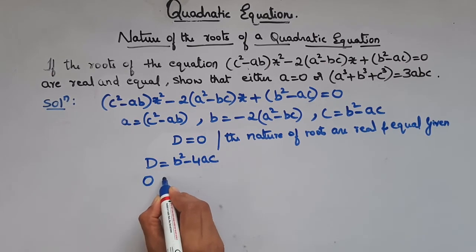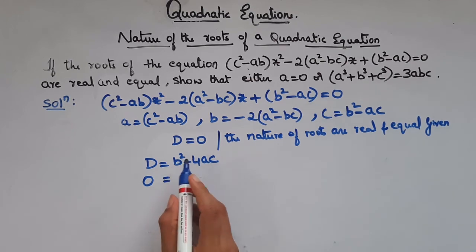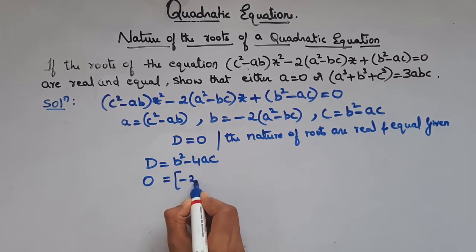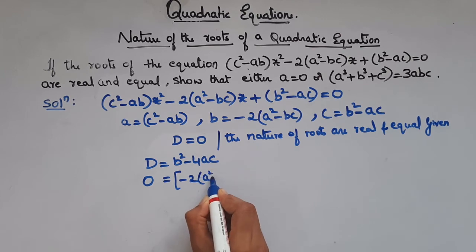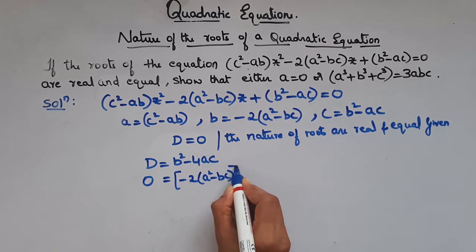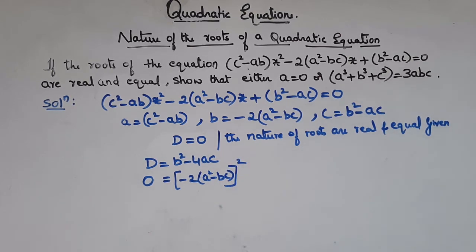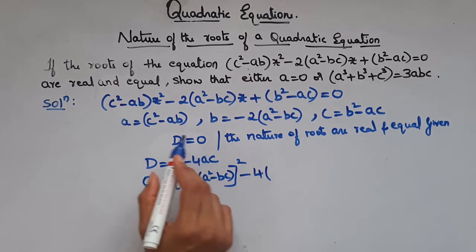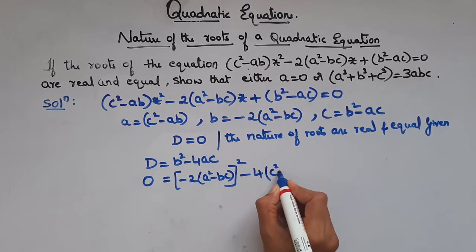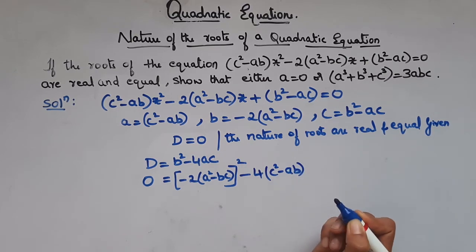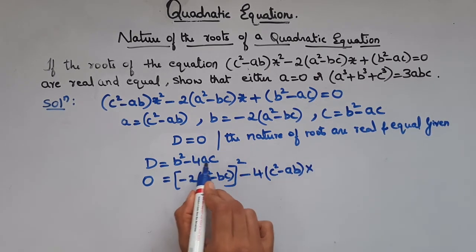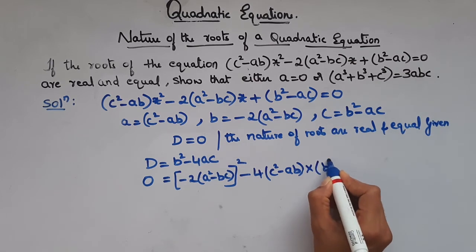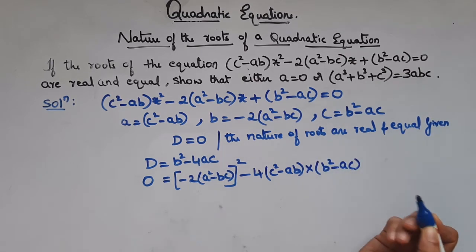So d is 0, which is equal to, so b square minus 2 into a square minus bc the whole square minus 4 into a. A is c square minus ab into c here is b square minus ac.